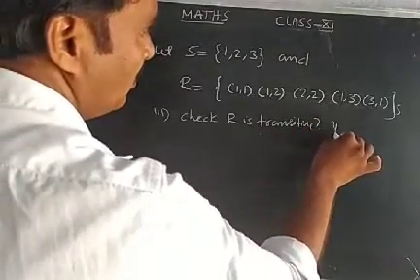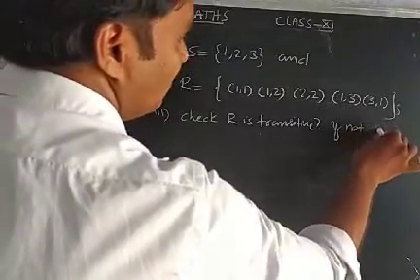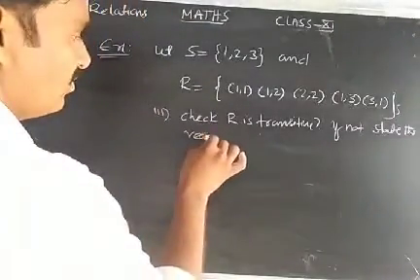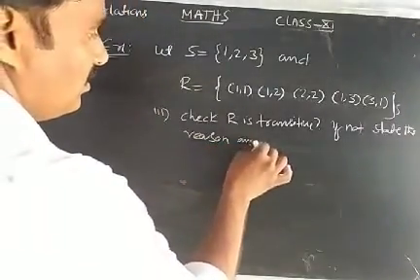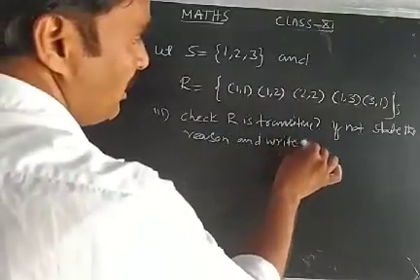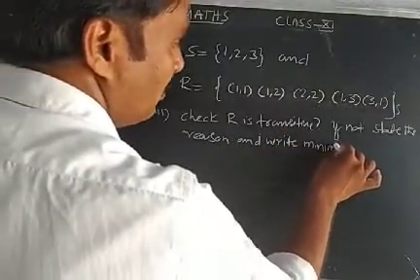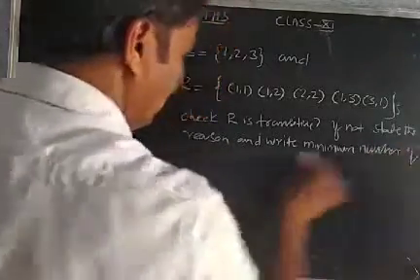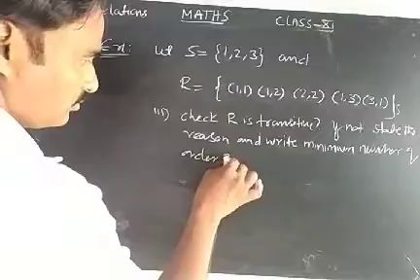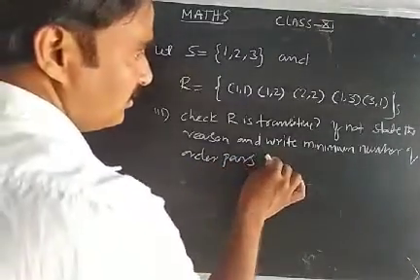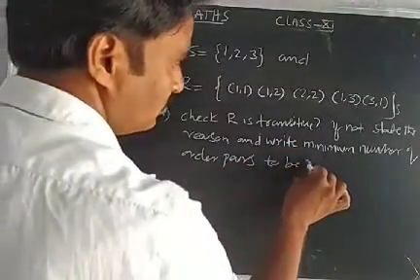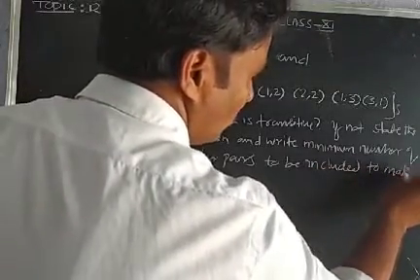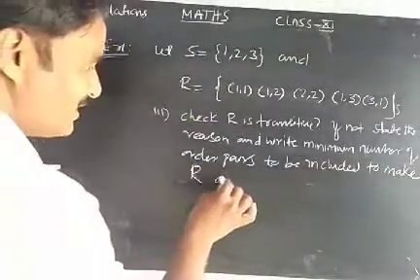If not, state the reason and write the minimum number of ordered pairs to be included to make R transitive.